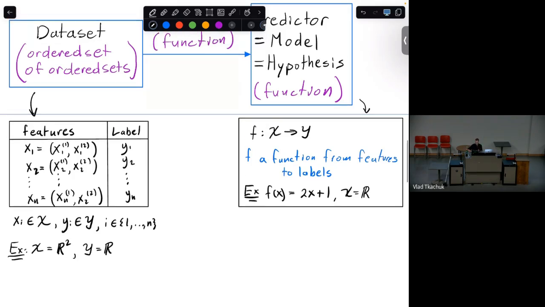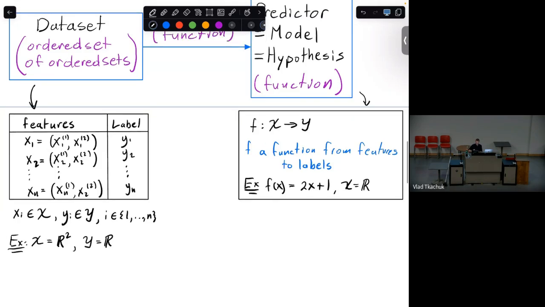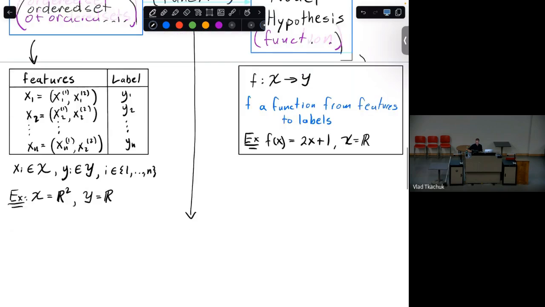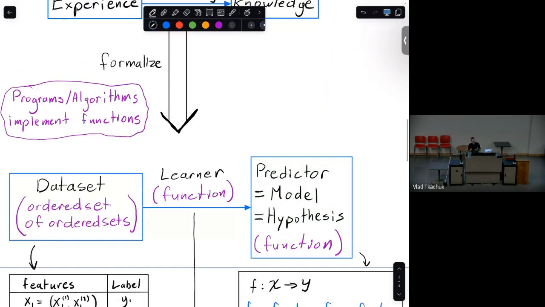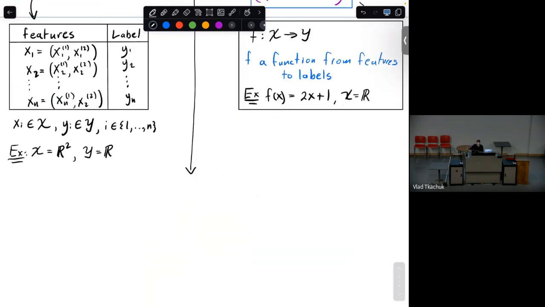Then we're going to need one more thing, which is this learner here. As I said, this learner is also going to be a function. I said we're going to call these functions, potentially algorithms, and so on. The notation we're going to use for this function is this A notation here.